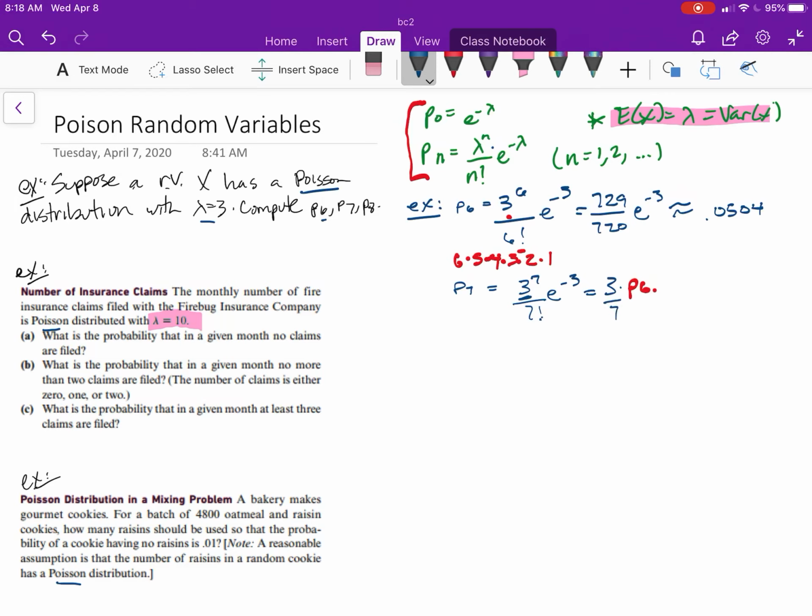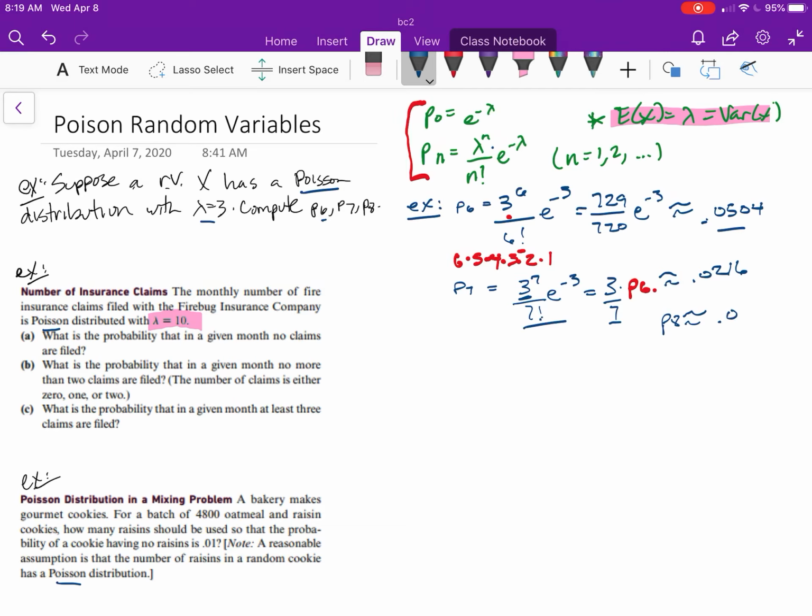So I could take the result from above and multiply it by 3 over 7. We get approximately 0.0216. Regardless, you're going to need a calculator, so what's the difference of taking that result times 3/7 or just redoing it? And similarly, P8 would have another 3 and we'd have an 8. I'm just going to tell you what the result is.